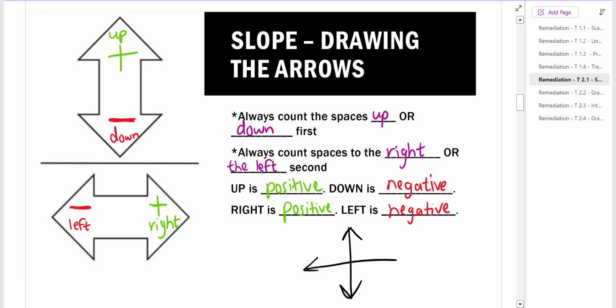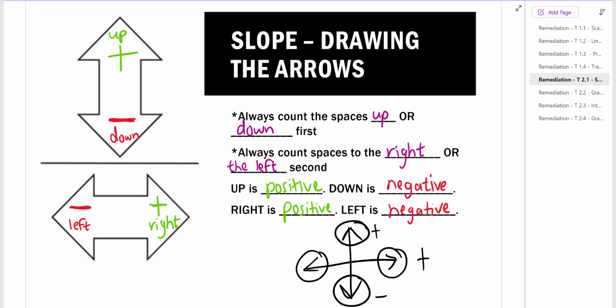If you have a graph, the numbers up are always positive. The numbers down are always negative. The numbers to the right are positive. The numbers to the left are negative. So it's the same thing as this.